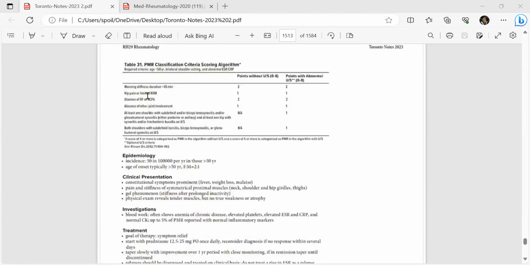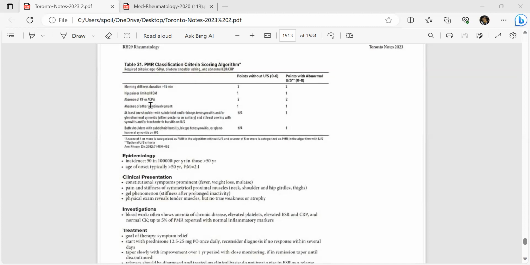Okay, the morning stiffness duration greater than 45 minutes, if it's present, then there are 2 points. And hip pain or limited range of motion, then 1 point.